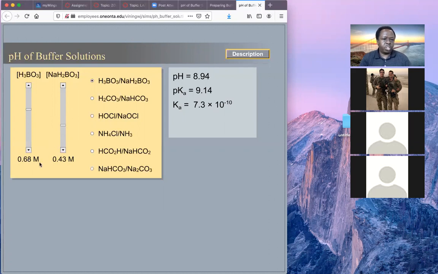Yeah, these are the concentrations given now. The ones bolded on the data sheet, these are the concentrations. What is the pH? This is the value you will be recording, and then you take a picture of this screen and attach it to your data sheet. If you just put it below, it might not really fit in the box.